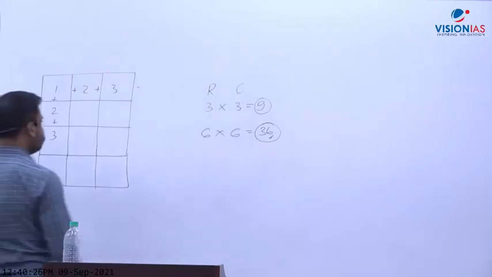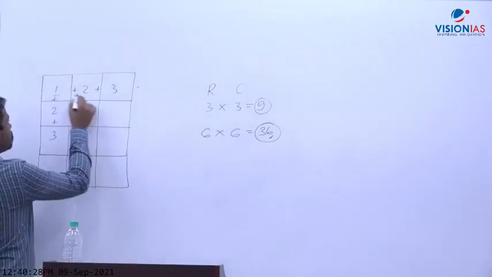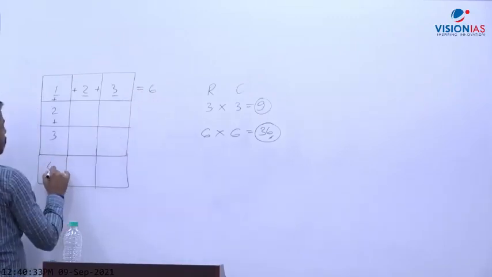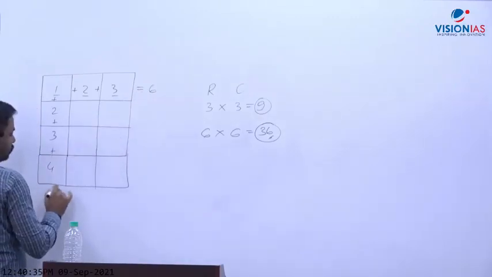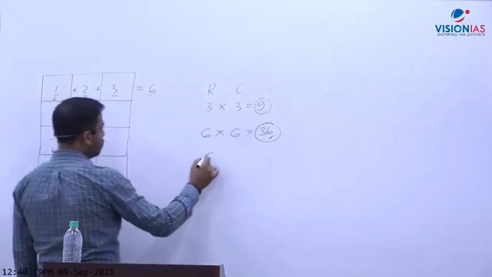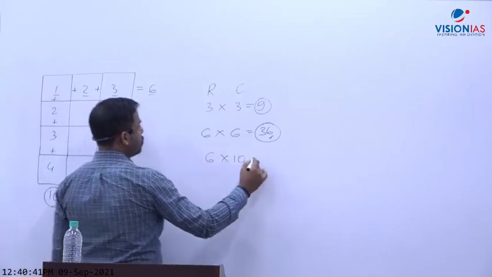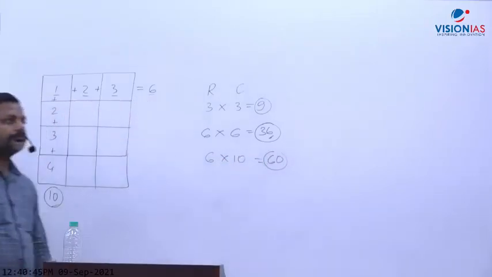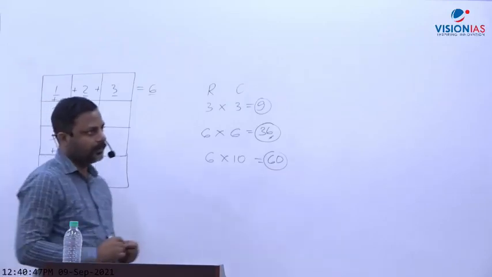Yes, simple. Sum of the value of columns is 6 and that of row is 10. So 6 multiplied by 10. So this time the answer will be 60. Yes, very good.